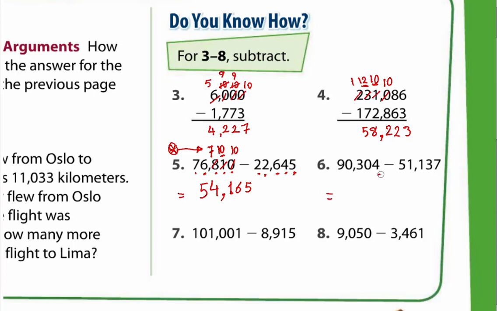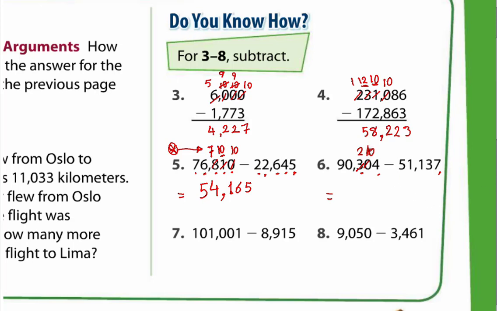Okay, start. 4 minus 7. 4 minus 7. So we will borrow 1 from the 0. It doesn't have anything to borrow. So we will borrow from where? From 3. The 3 will be 2, and the 0 here will be 10.